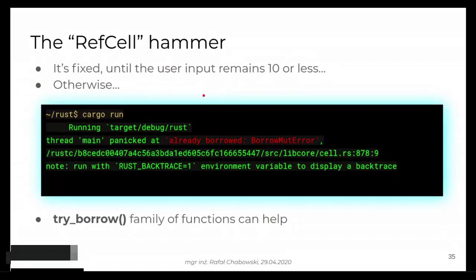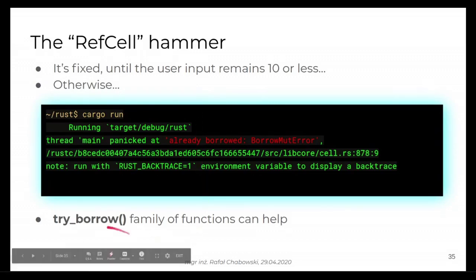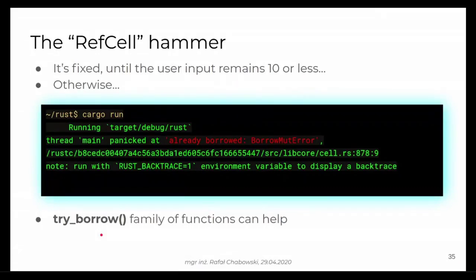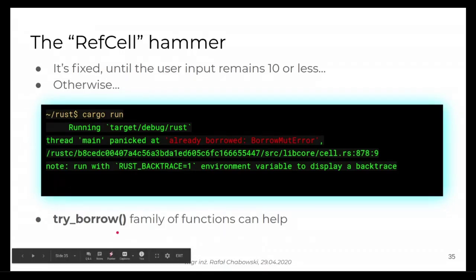There are, of course, ways to prevent panic, like try_borrow and this family of functions, so that you might prevent yourself from being caught with the proverbial pants down. RefCell allows you to disable compile time borrow checker. Rust will trust that you know what you're doing, but to trust doesn't mean not to control. As soon as you try to break the rules, you're slapped in the face.